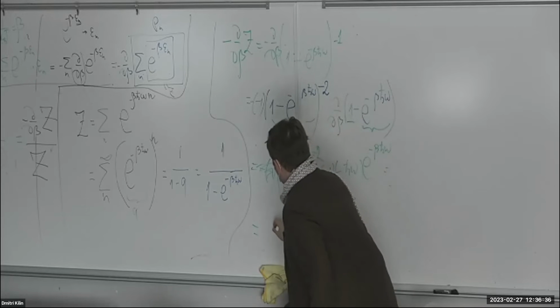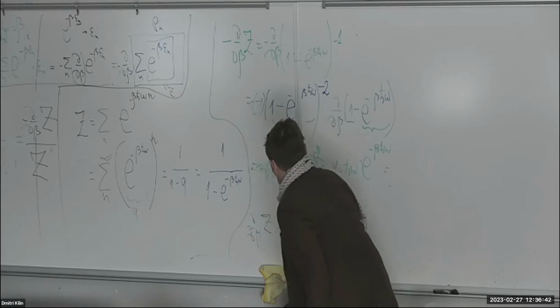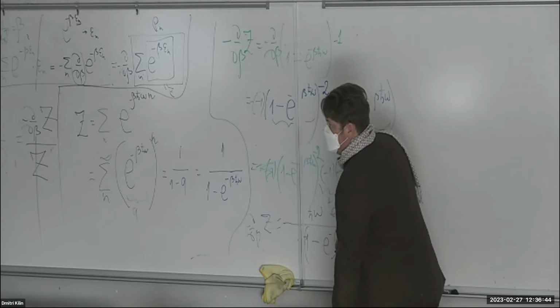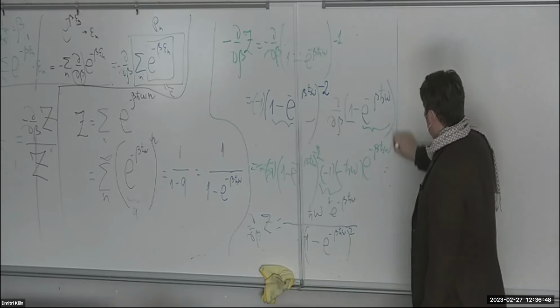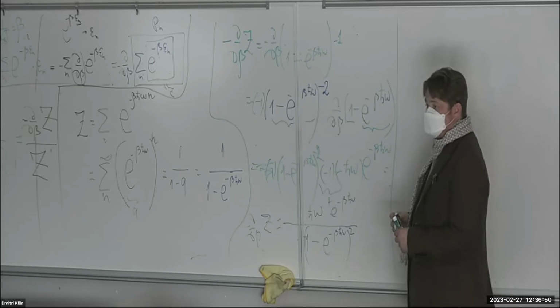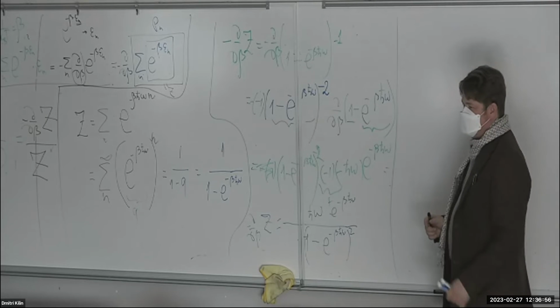And this is our minus d beta of Z. Make sense? If you find any errors, it will be generously credited.